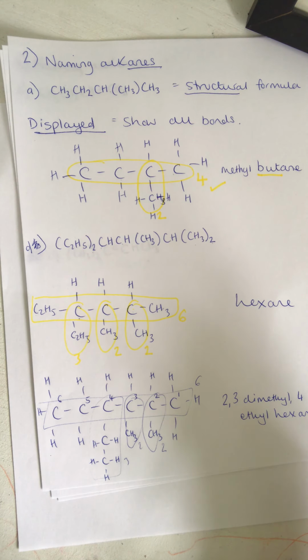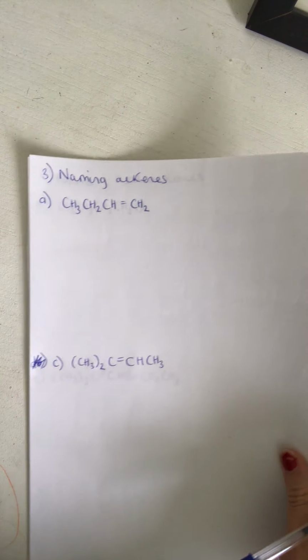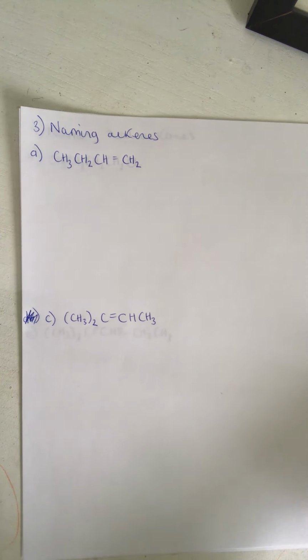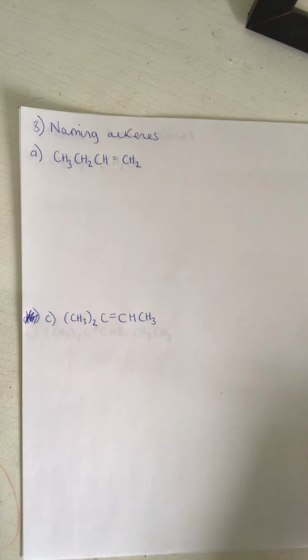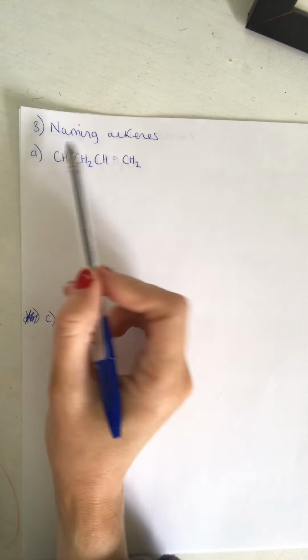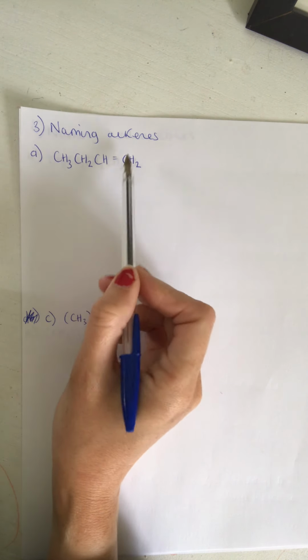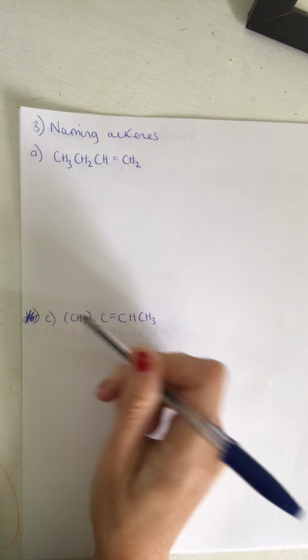Okay, right, let's look at naming alkenes. We're going to follow exactly the same process, but we need to chuck a double bond in. Sorry, I'm just having a sip of coffee. So let's look at our chain. We've got 1, 2, 3, 4. There's no groups attached to it, nothing in brackets or anything.